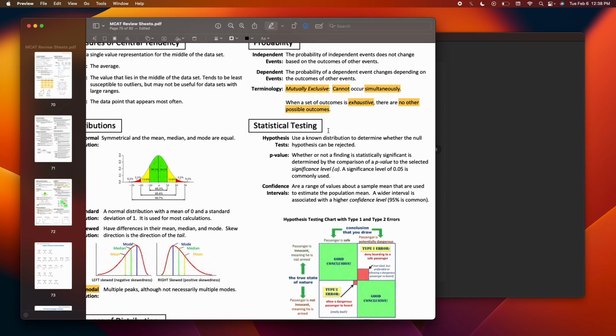Statistical testing, we have hypothesis tests. So by the way, for dependent variables and independent variables, we usually have these graphs on the MCAT where you have an x-axis and a y-axis. Which axis is dependent on the other? Usually you're measuring, for example, time on the x-axis, so it's moving forward.